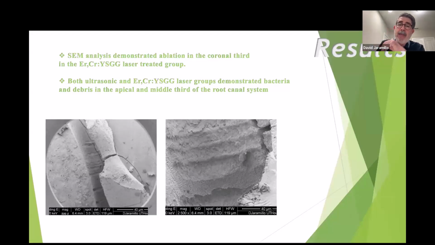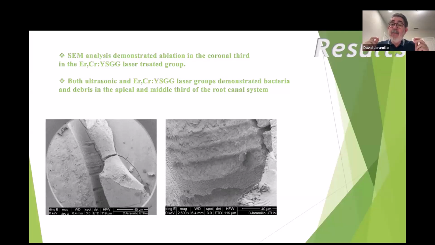The problem with this type of laser, erbium chromium YSGG, is that it's a very good laser. There's nothing wrong with it, but the amount of absorption of the laser in the solution is not as effective as the erbium YAG laser. There is a difference of 300% in the absorption of the laser in the solution, because when we use laser for the root canal irrigation, the laser per se is not performing the disinfection.